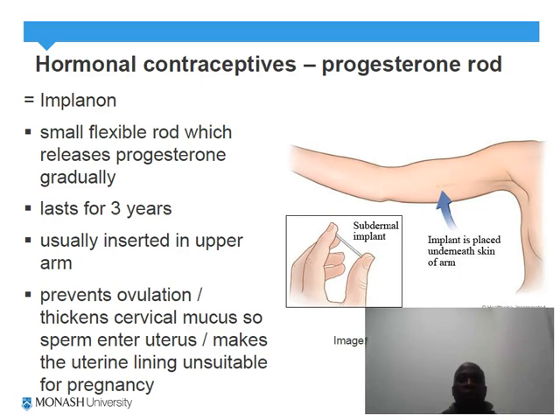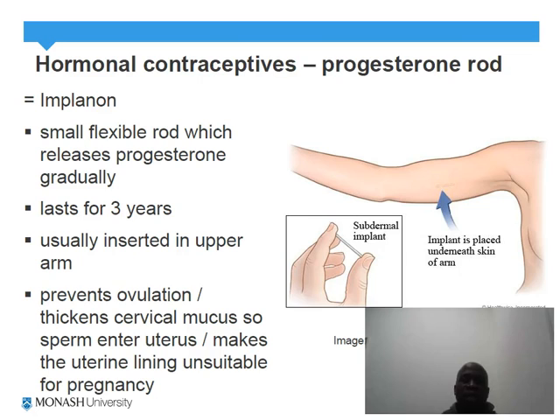This is a small, flexible rod device which releases progesterone gradually once inserted underneath the skin of the arm, for example. It's a subdermal implant, and as you can see in the picture there, once implanted, the progesterone hormone will be released gradually over a long period of time.